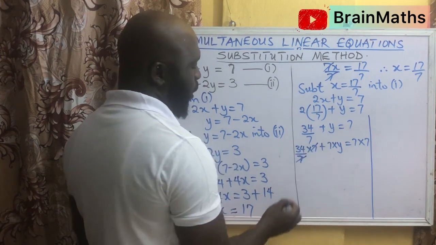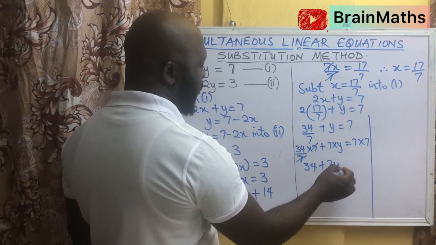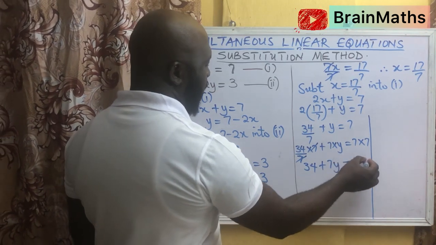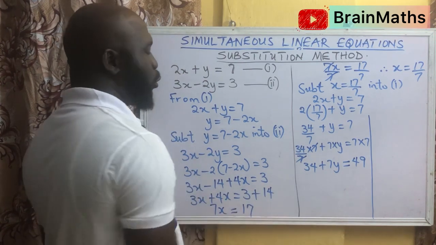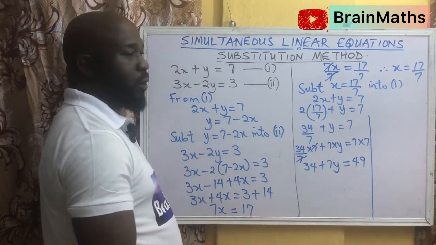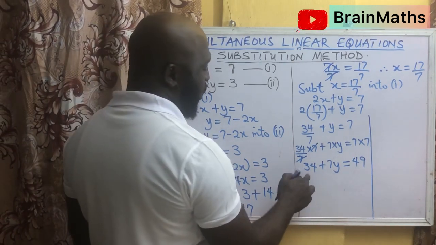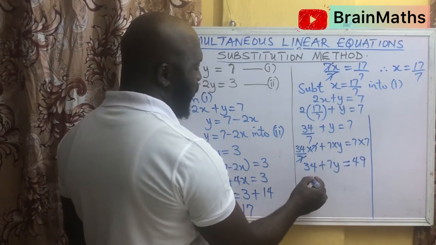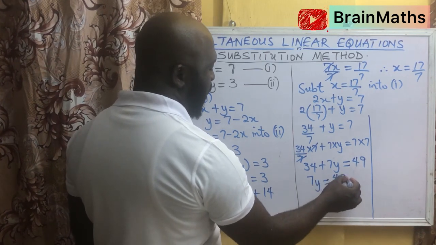So these two cancel out. We have 34 plus 7y equals 49. So we now have 7y and we are going to do away with 34. So in that case, we have to collect like terms. So we take 34 to the other side, leaving us with 7y on this side, which equals 49.